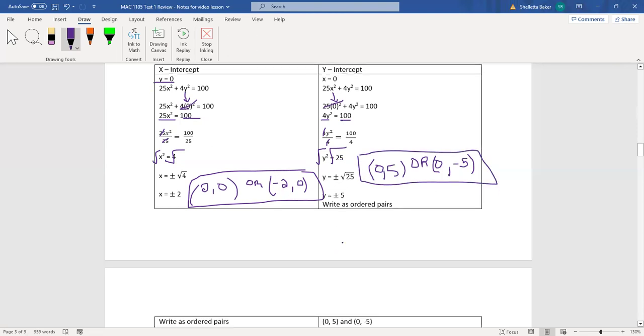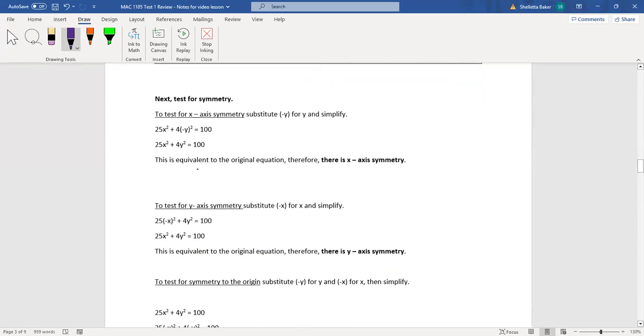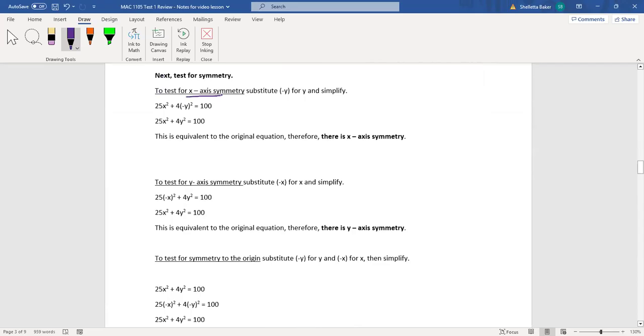Next, we need to test for symmetry. So testing for symmetry involves substitution. To test for x-axis symmetry, we're going to substitute negative y for y into the original equation. So here's our original equation, 25x squared plus 4y squared, but we're substituting negative y where the letter y was. But remember, negative y squared, negative times negative is going to be positive y squared.